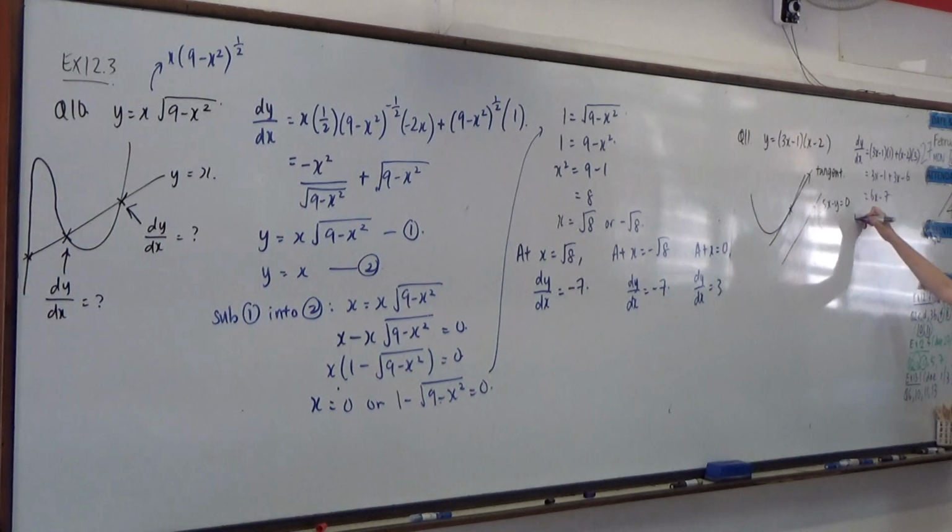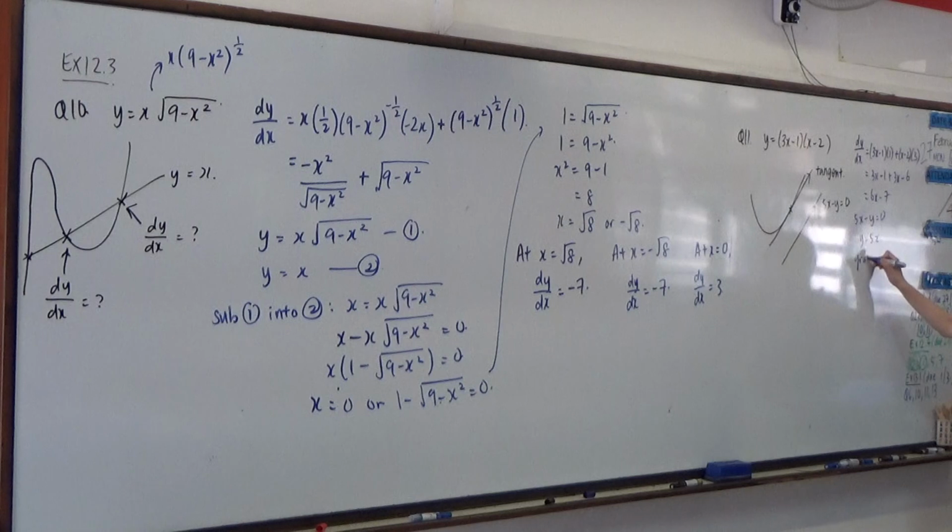Given that we have the line 5x minus y equals to 0, that means y equals to 5x. So the gradient of the line equals to 5. In other words, the dy over dx must be equals to 5.